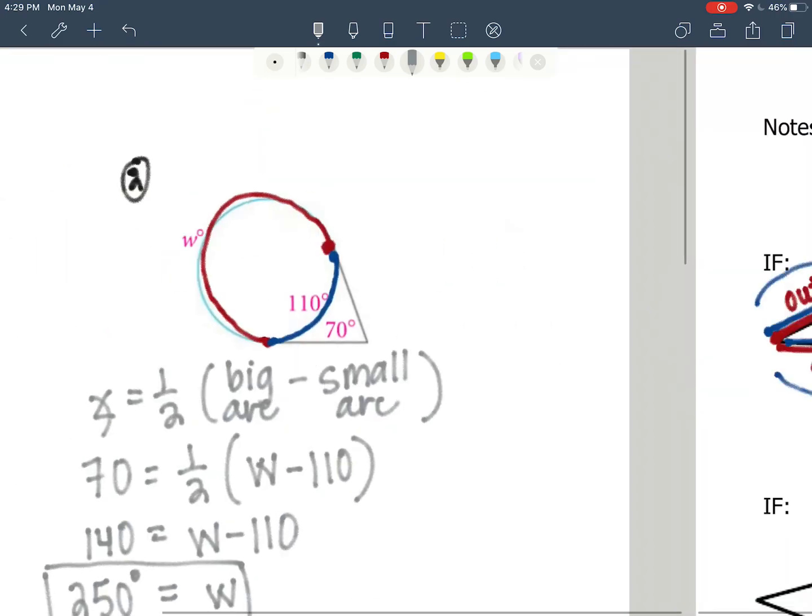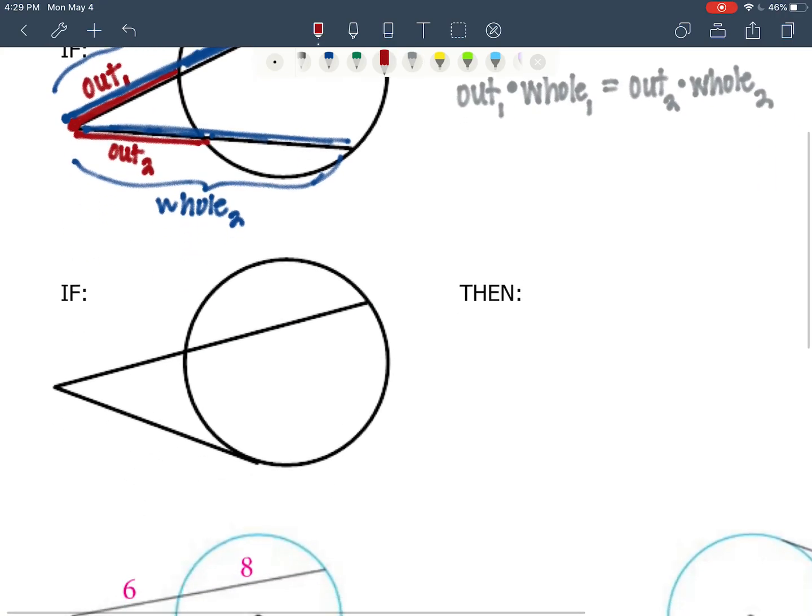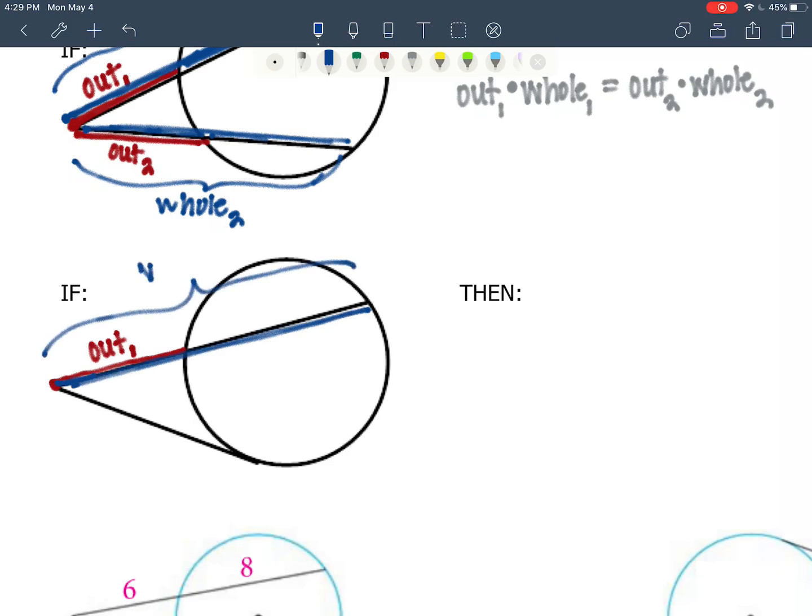Here we have a secant and a tangent. So here we have the outside of the first secant. And then, of course, we have the whole thing. So we'll call that whole, and that's of the first line.